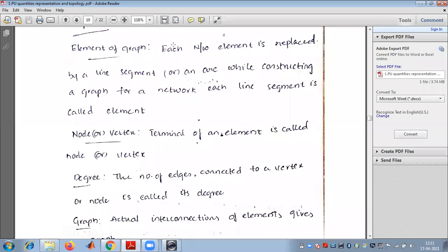Just now we have seen that it is a line segment. Suppose I take this as a line segment which connects two points in a graph. Now this is called a line segment. Now what about the terminal? See, the terminal is nothing but this is the case.